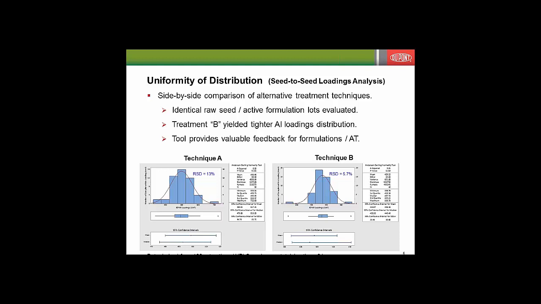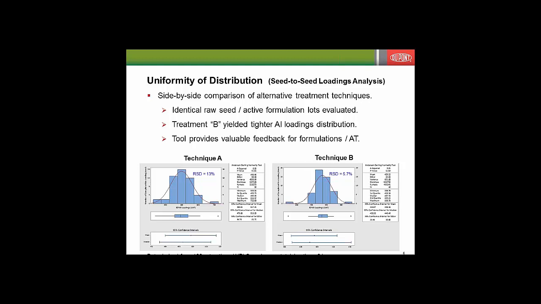By, in this case, measuring 50 seeds coming from one application technique and 49 or 50 seeds for another one, and using the UPLC, we were able to generate these histograms that give a lot of information on what the consistency is in active loading across the individual seeds of a particular batch.